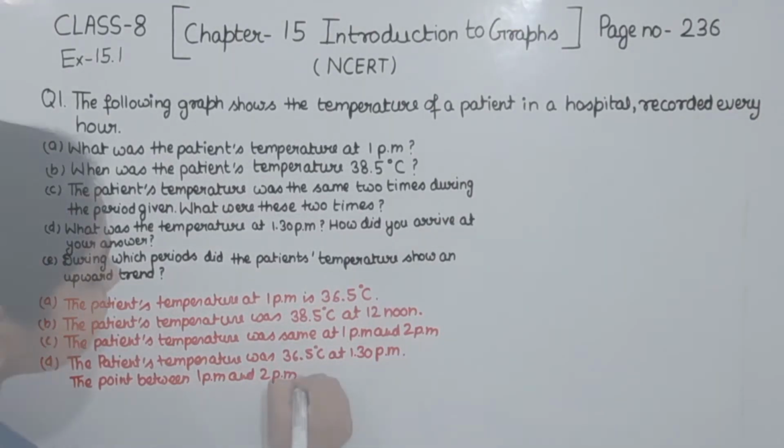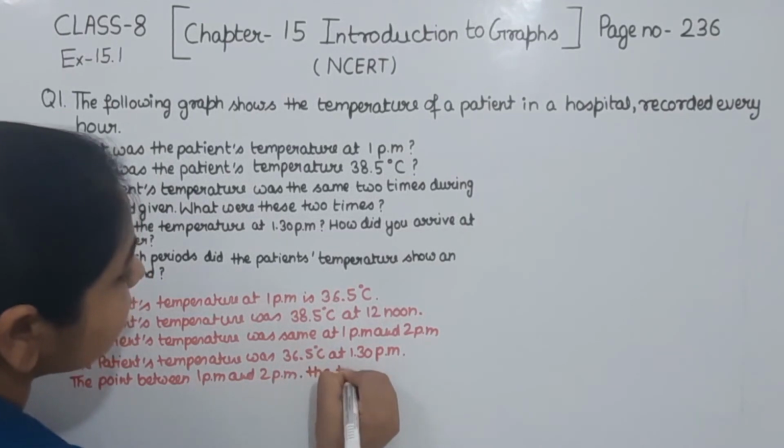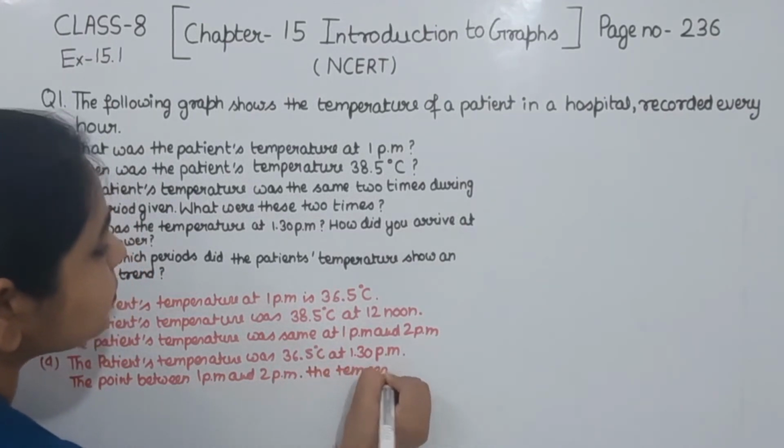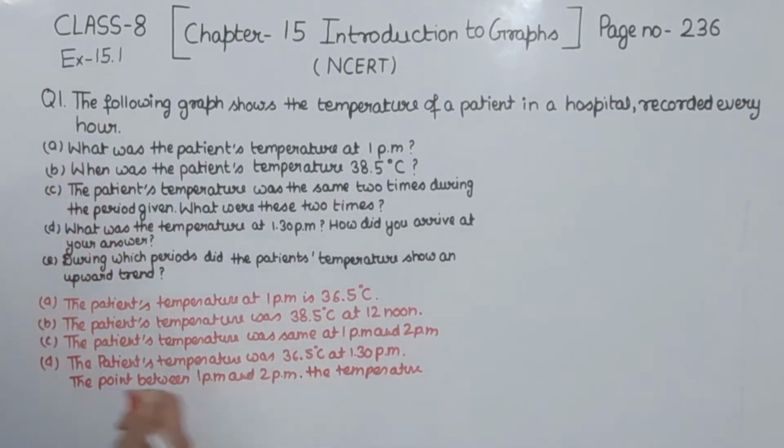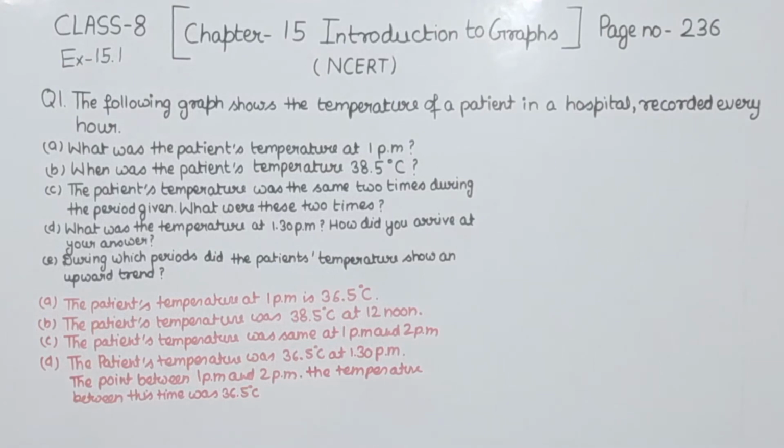Now the temperature between this time was 36.5 degrees Celsius. This one is having the flat temperature. From 1 to 2 p.m. the temperature is flat, we are having it as 36.5 degrees Celsius. So we can find it easily.